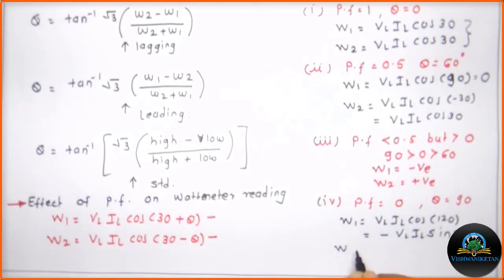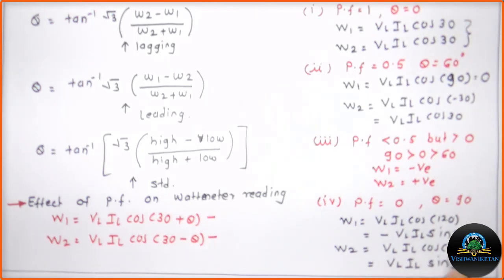Similarly, W2 will be VL IL cos(30 - 90), so 30 minus 90 will be minus 60, and cos of minus 60 is cos 60 only. So this value becomes VL IL sin 30.